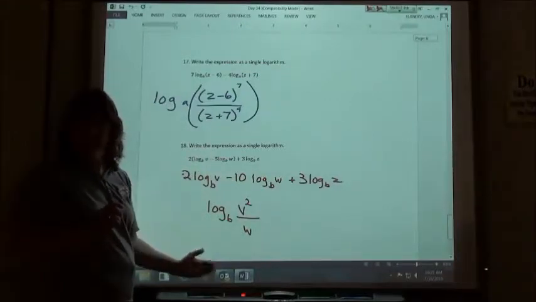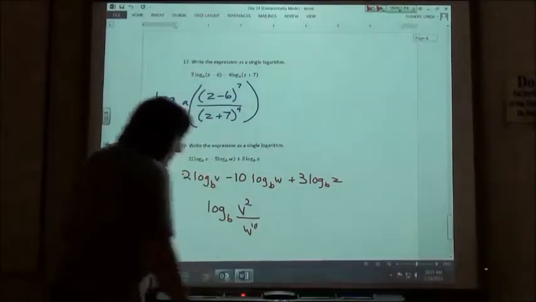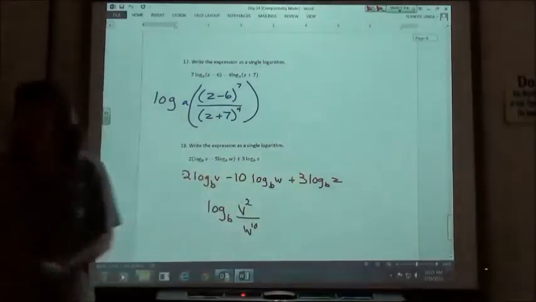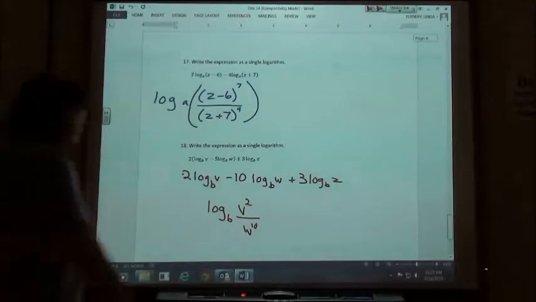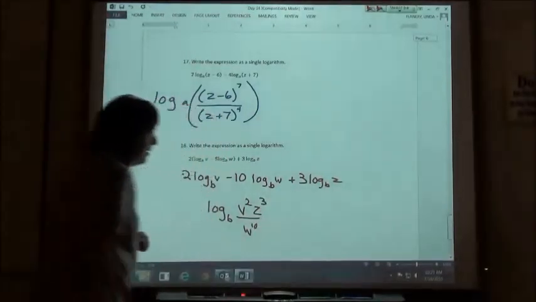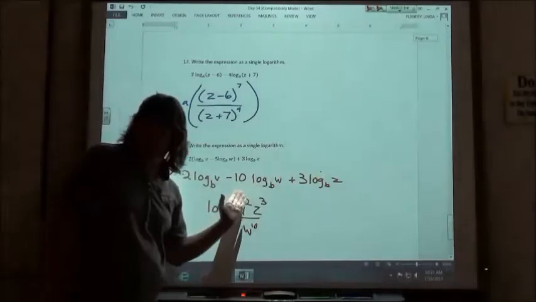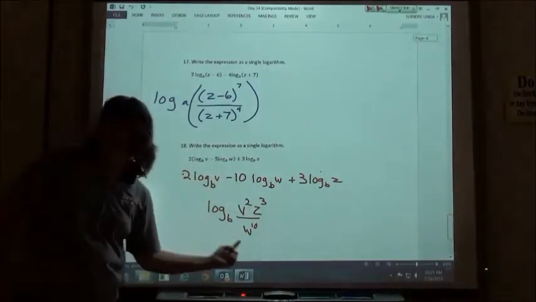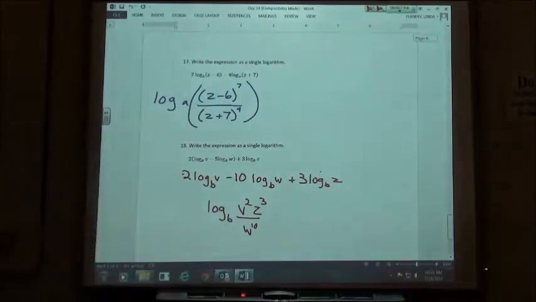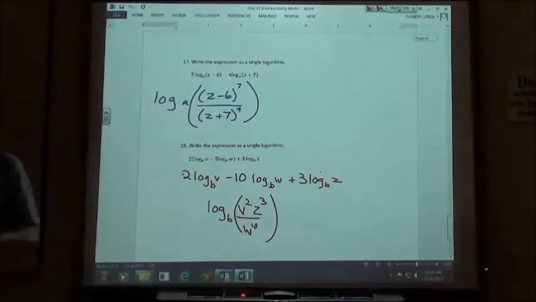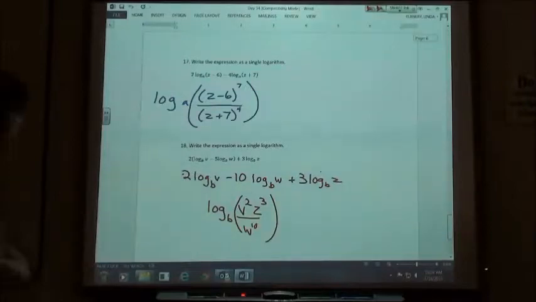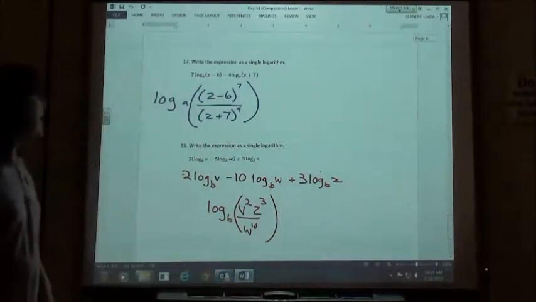That's why we divided, because it was negative. So just w to the 10th. And then what's going to happen to this? So it's going to end up being on the top. So anything that's positive will end up on the top. Anything with a negative is going to end up on the bottom of the fraction. Okay? And again, they probably have these extra parentheses. I don't know that they're really necessary, but I think they automatically throw them in when you try to type your answer. So it will look something sort of like that.